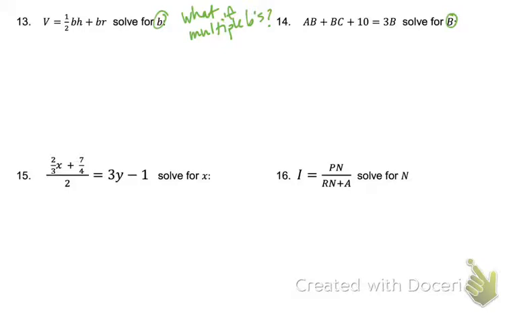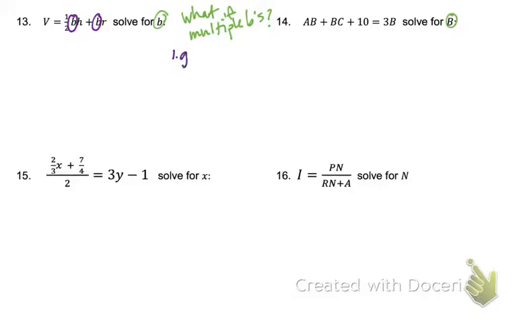So let's look at number 13. This will be our skeleton, our example problem. If I'm solving for b, I'm going to circle both of them. I've got 2 of them. First of all, I want to get all b's on one side.